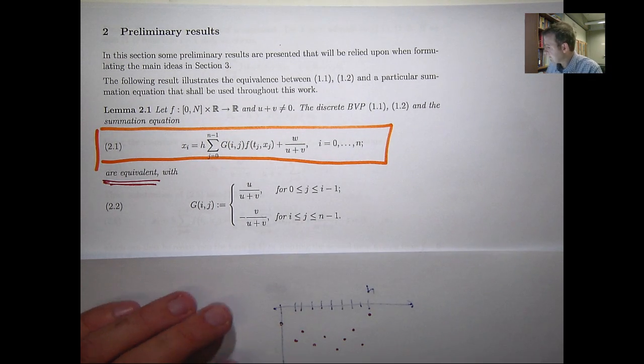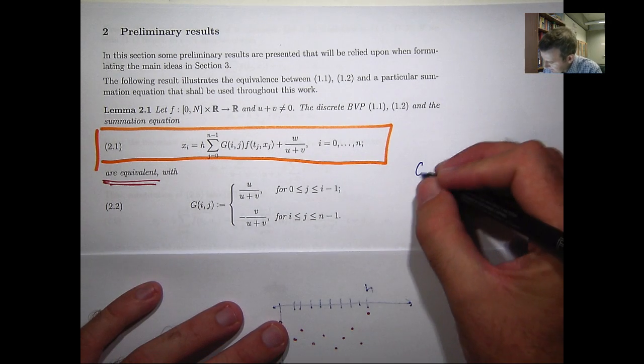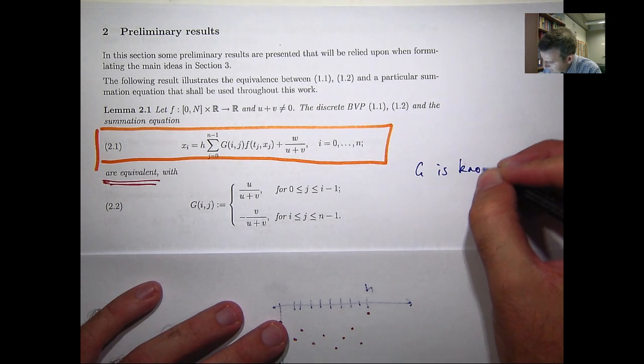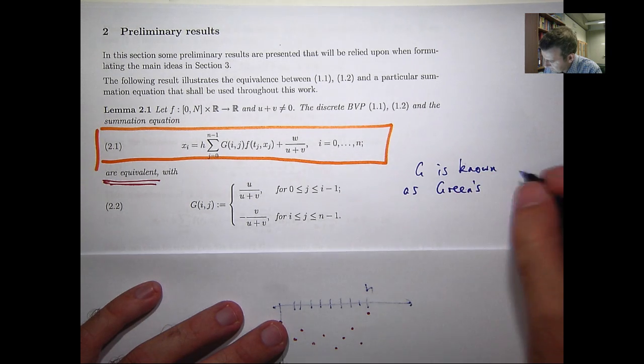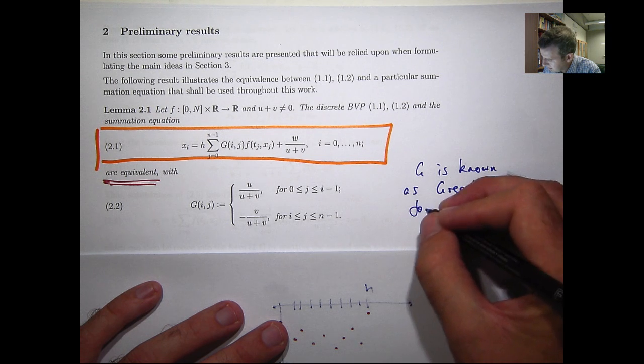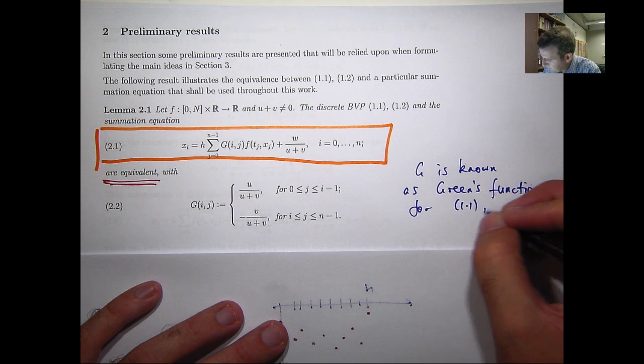Now, this g function has a special name. It's known as Green's function for our boundary value problem 1.1, 1.2.